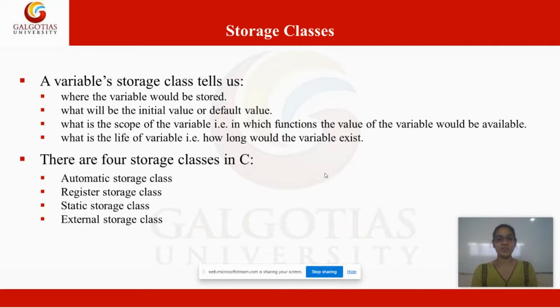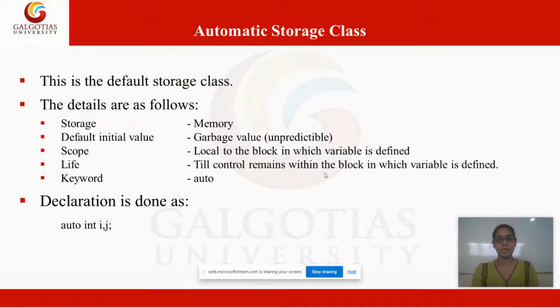Let us look at them one by one and look into the details of their default value, their scope, longevity, and where the variable is going to be stored. So the first one that we have is automatic storage class. By default, this is your storage class. So if you're not specifying any storage class in front of your variable data type, then it is going to be automatic in nature by default.